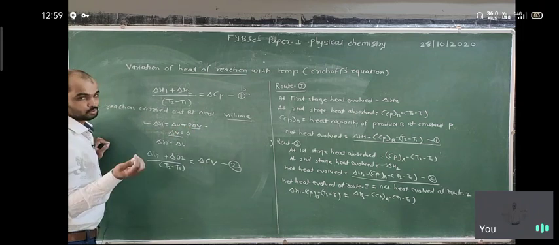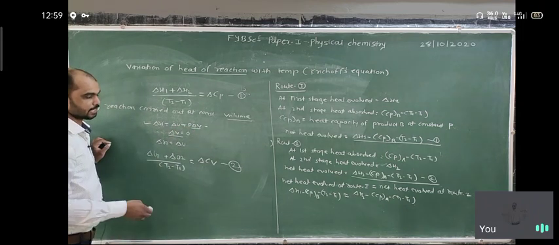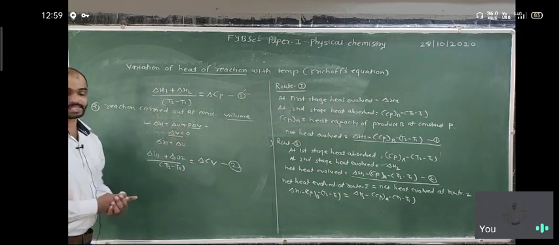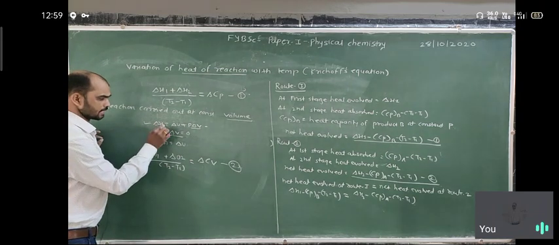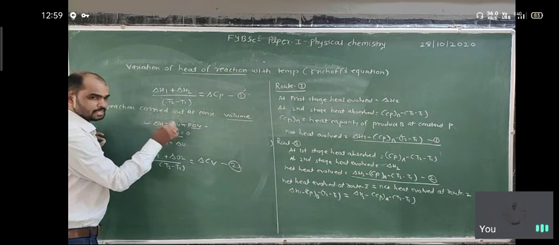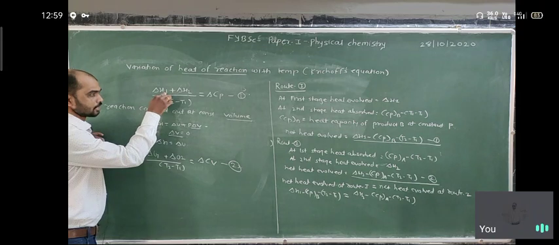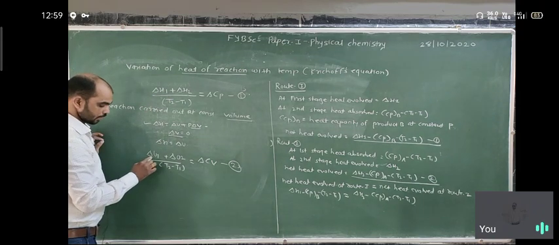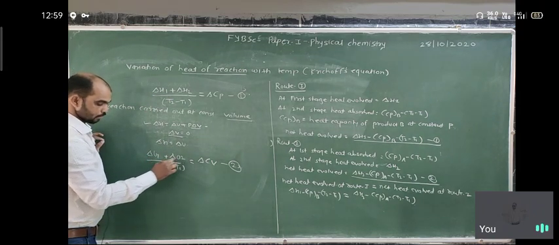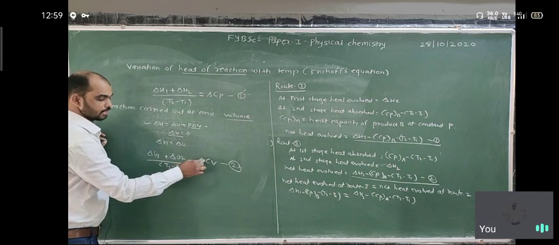There is no importance of pressure because we carried out the reaction at constant volume condition. So we have only delta H equal to delta U. Both are the same, so we replace delta H by delta U. So (delta U1 plus delta U2) upon (T2 minus T1) is equal to delta CV.